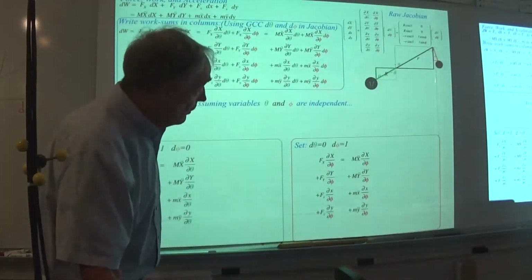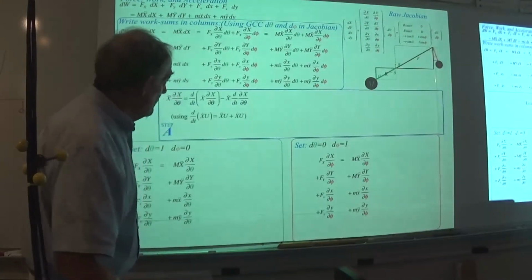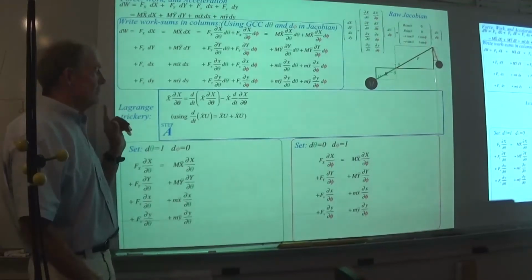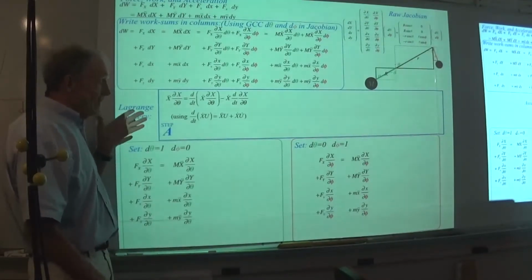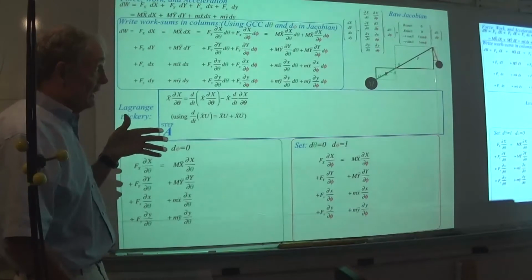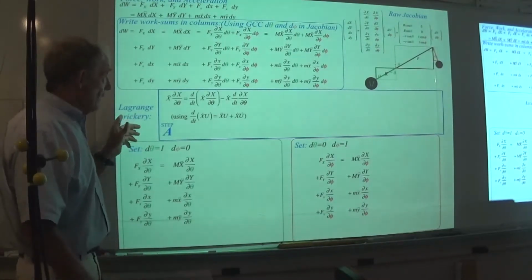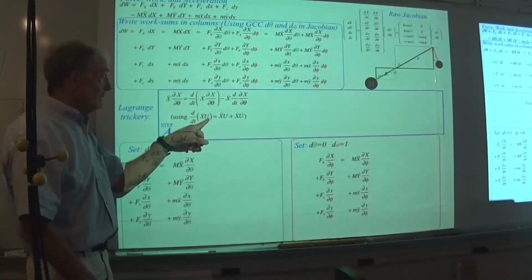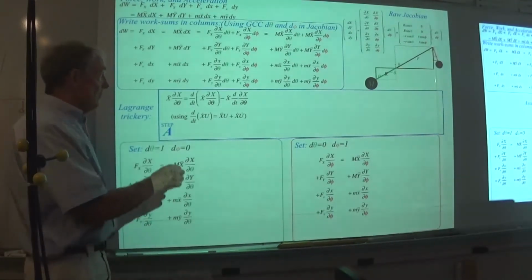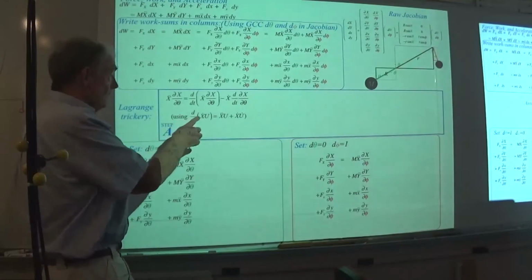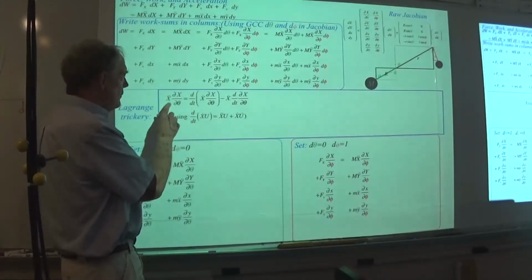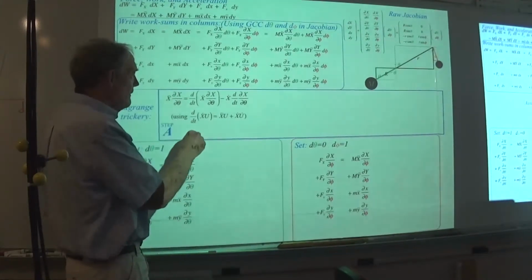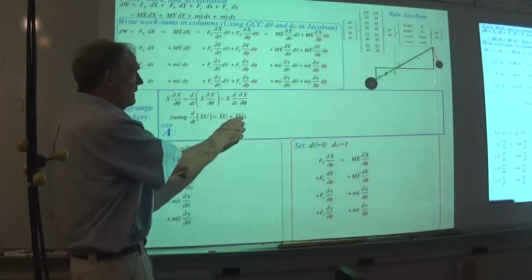So what to make of that? Well, remember the first step of the Lagrange trickery involves this little time derivative of something, something with x here, but also u is this guy right here, the derivative being that.